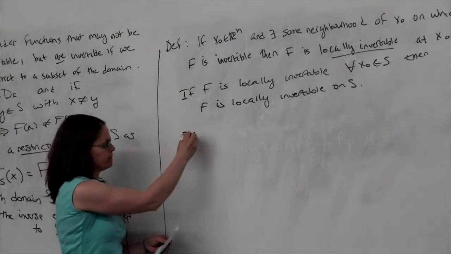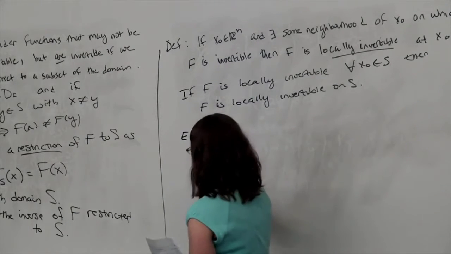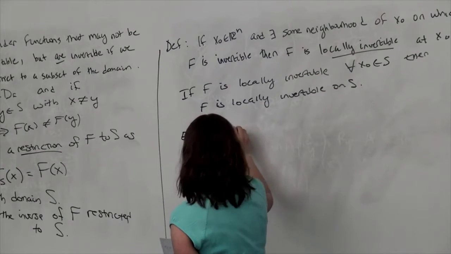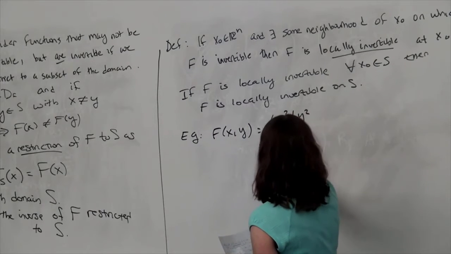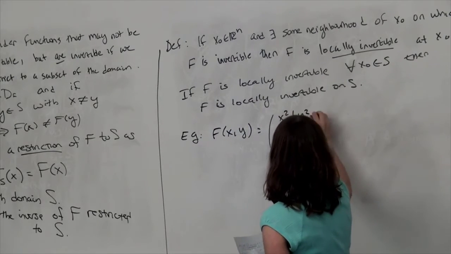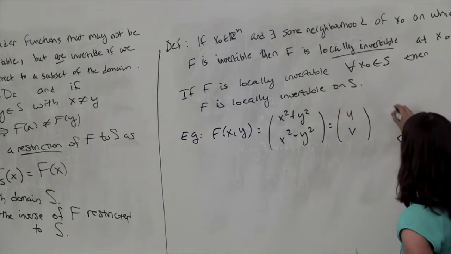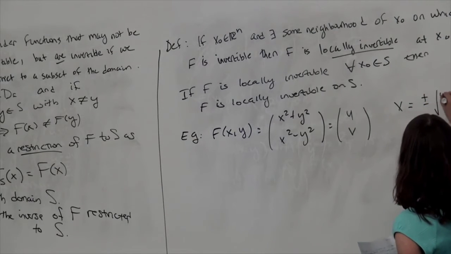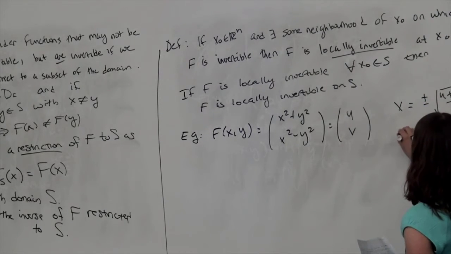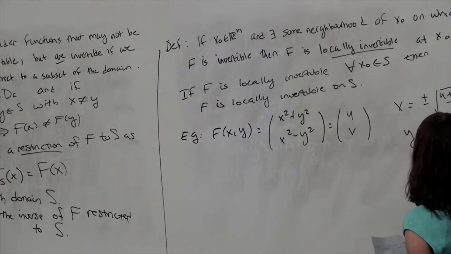OK, so let me come back to my quadratic example, which we already know what the solutions look like. We said that x has got to be plus or minus the square root of (u plus v) over 2, and y is plus or minus the square root of (u minus v) over 2.